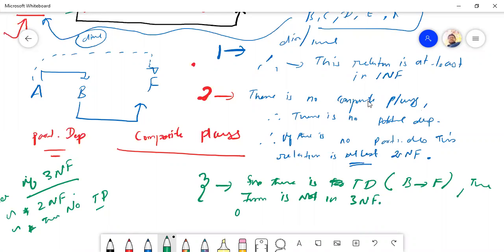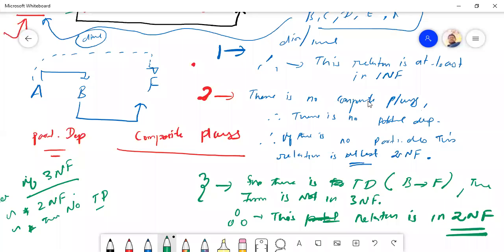Then you can write, therefore this relation is in second normal form. Here you don't write like at least second normal form. No, because you have confirmed now, since I can find the transitive dependency here.